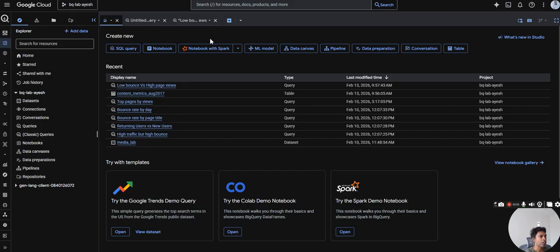For example, we saw that high traffic pages have high bounce rates, which could be related to content mismatches. We found that the pages in the top 10 by page views also show bounce rates above 70%, higher than the site average of 45%.